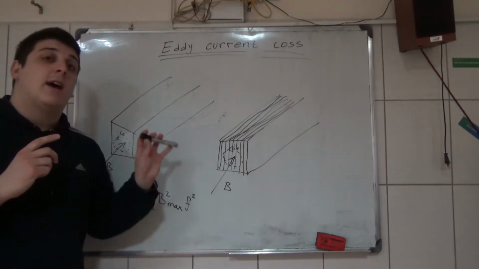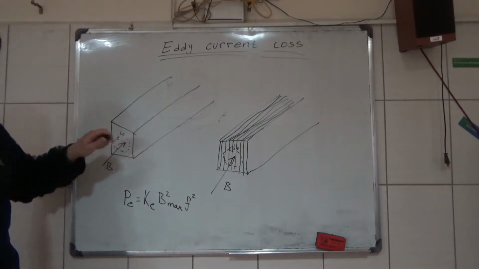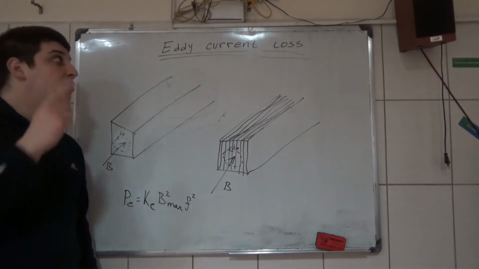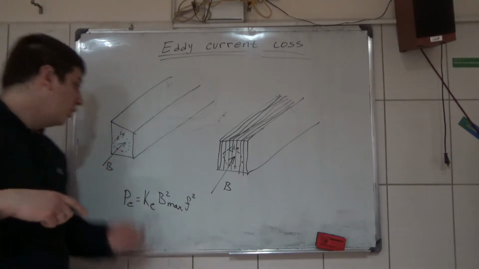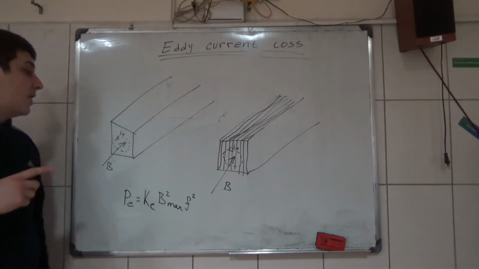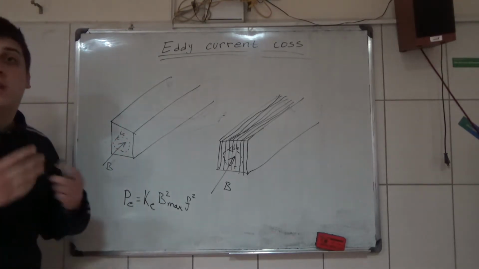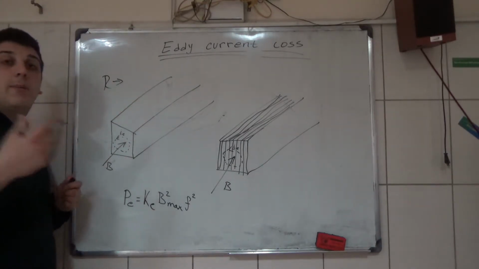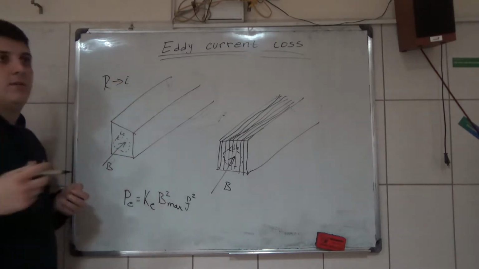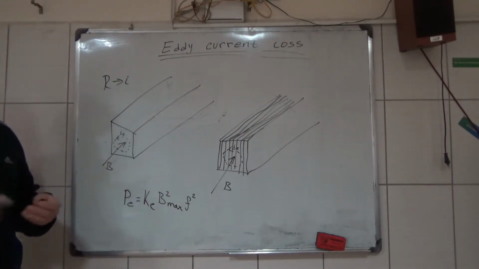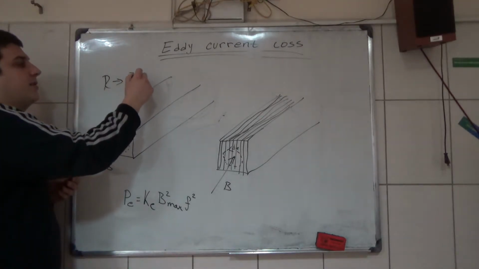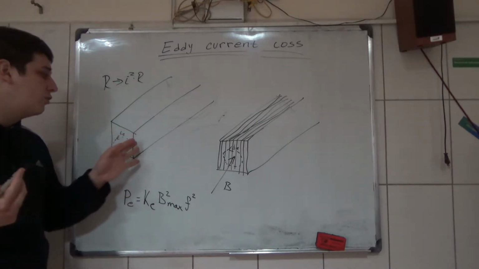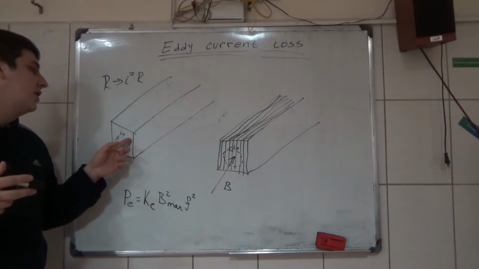So you have some induced currents in the magnetic material, and those currents are called eddy currents, I with index E. Because the core itself has its own resistance, there is a power loss, a heat that is equal to I squared times the resistance, so Joule's law.